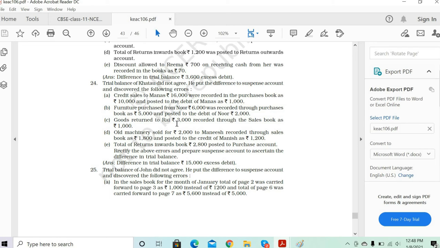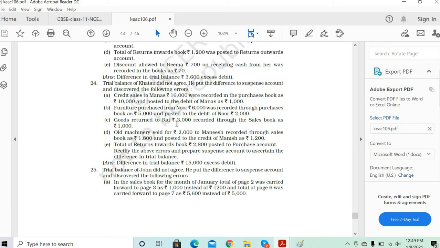In the book, when you write the entry, instead of 2,000 debit from Manish to the sales account, you have mentioned 1,800 sales account debit and the Manish account debit is 1,200 rupees.